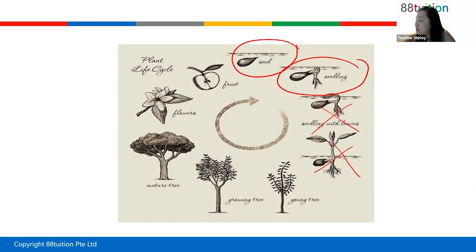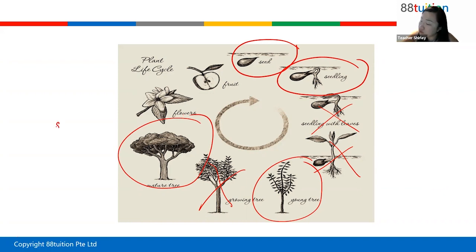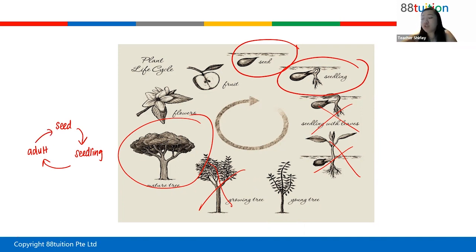Then it becomes a young plant, then into an adult plant. So for plant cycles at primary school level, you just need to know 3 stages: from seed to seedling and then to adult plant.